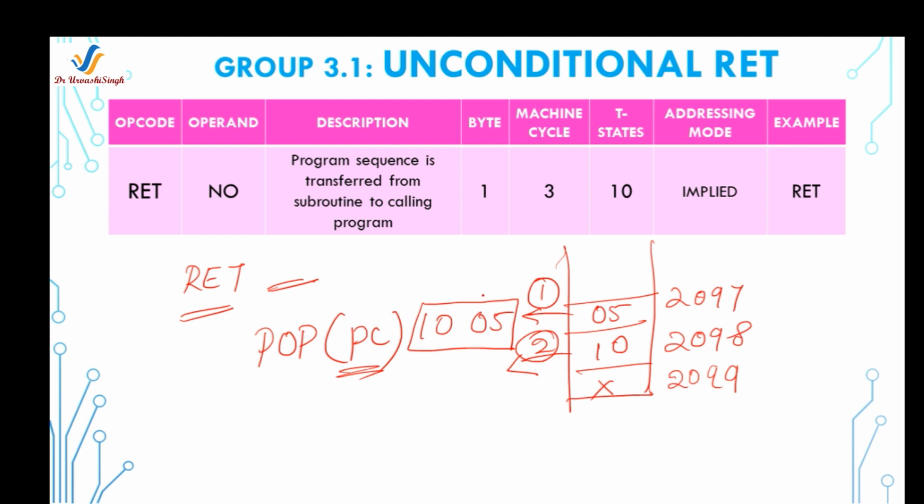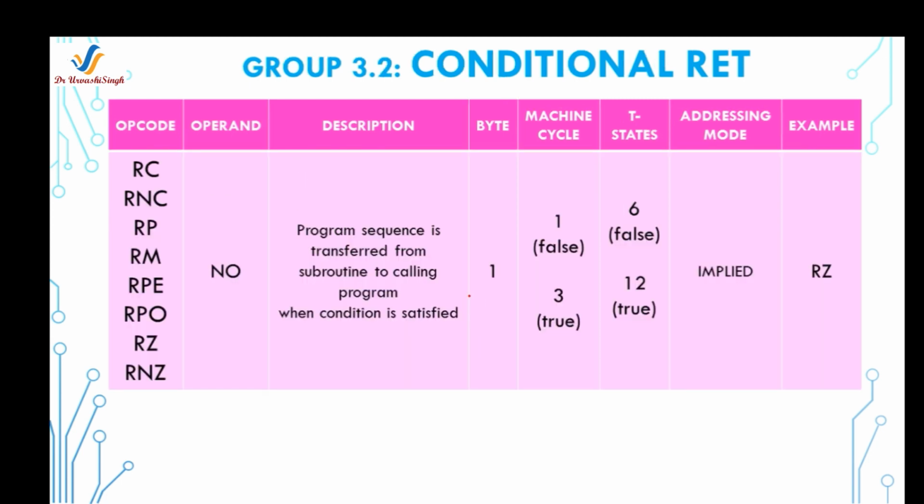Moving ahead, next is the conditional return instruction. In conditional return instructions, once again there are conditions associated with the flags, except the auxiliary carry flag, and based on the status of the flags, the microprocessor decides whether to return to the calling program or execute the next instruction.